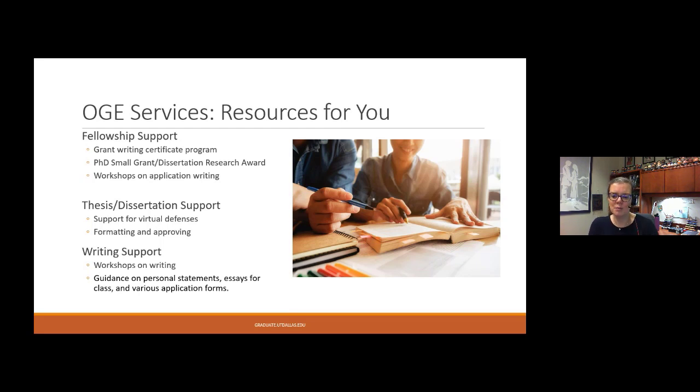And certainly you could come to a workshop about writing a personal statement for a fellowship and ask questions about your dissertation while you're here. So you don't have to wait for the right thing to ask a question.